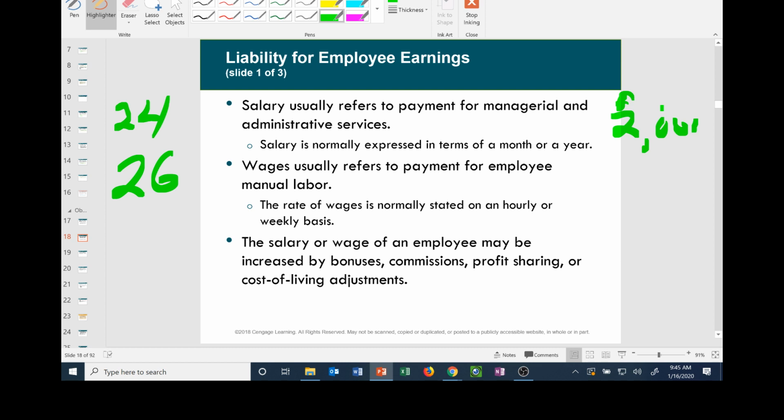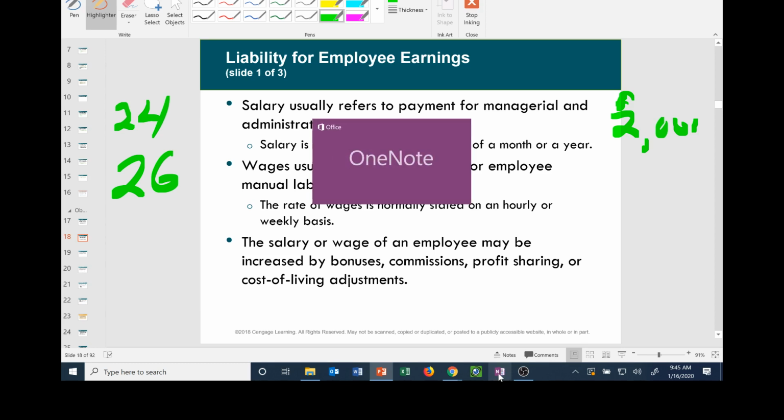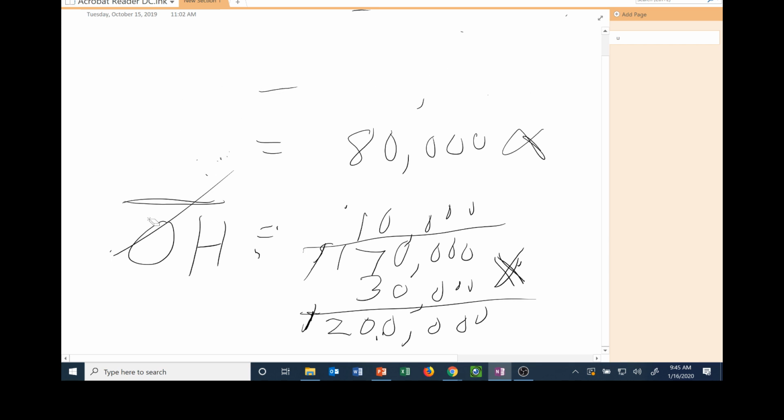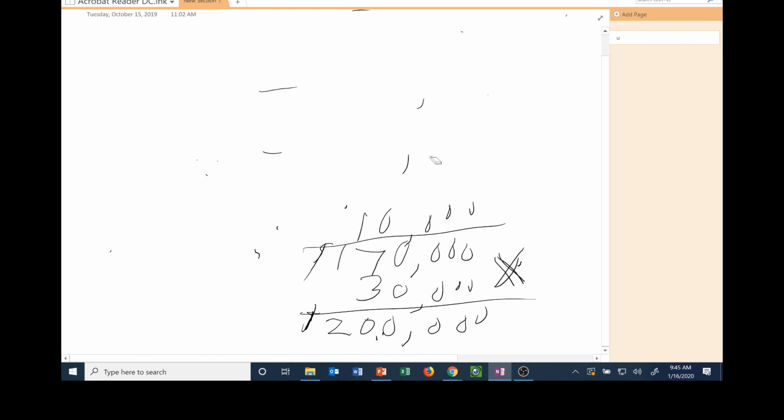Anyhow, now we're going to calculate some payroll. Now in payroll, we get time and a half, don't we? Now, any of you in here that work, does anybody get overtime?